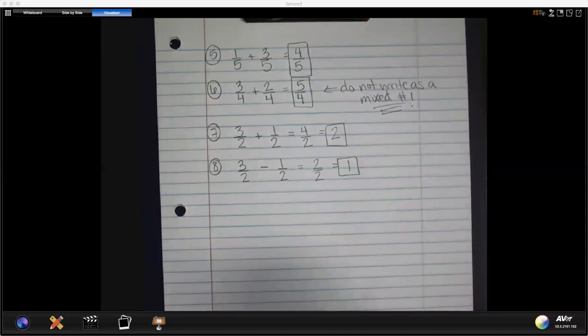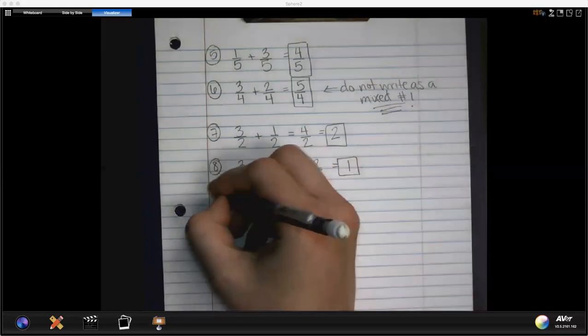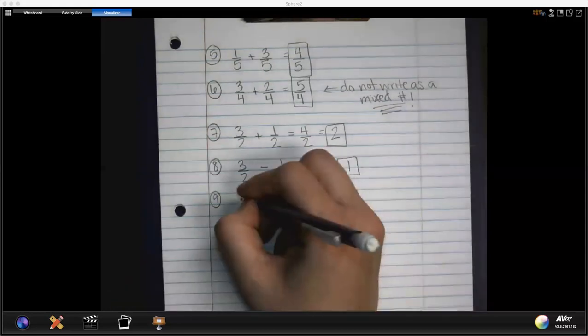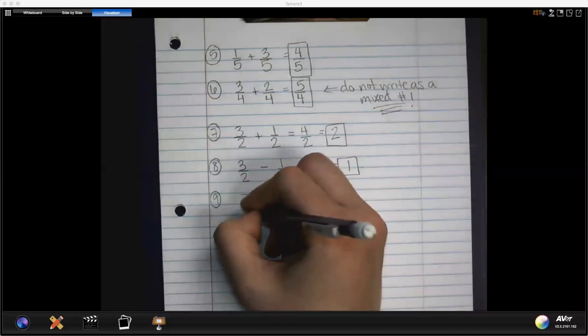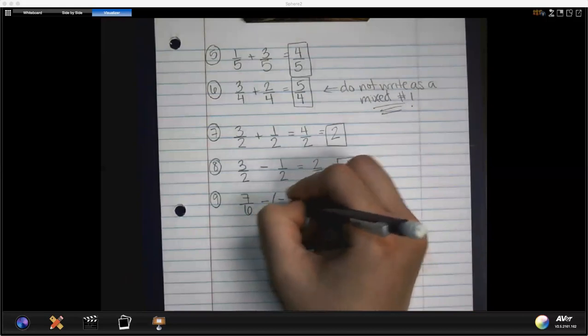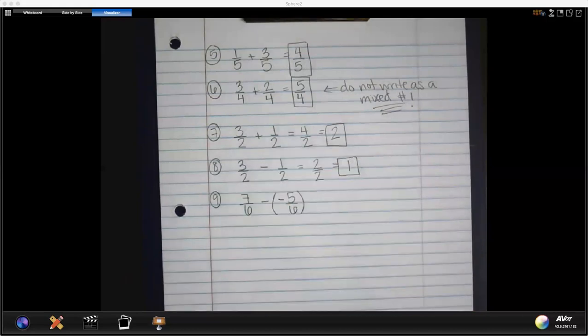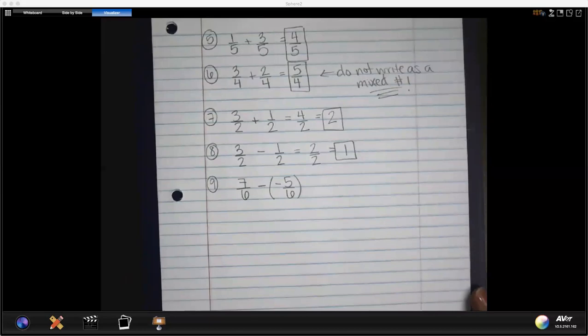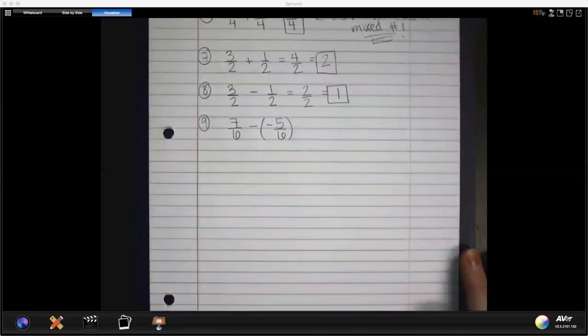All right, last common denominator subtraction one. 7/6 minus a negative 5/6. And this is where it comes into that thing we talked about earlier.